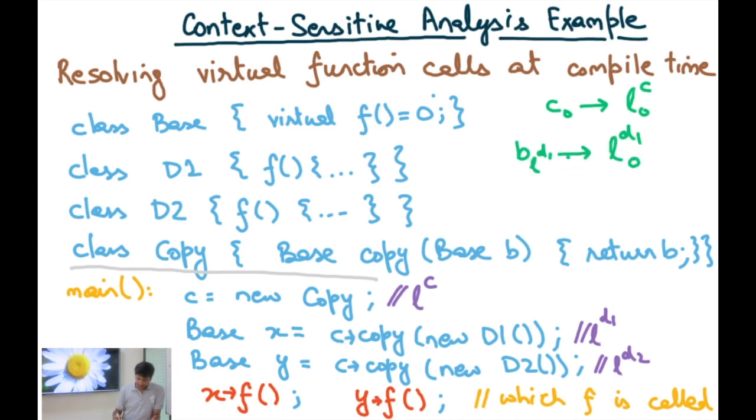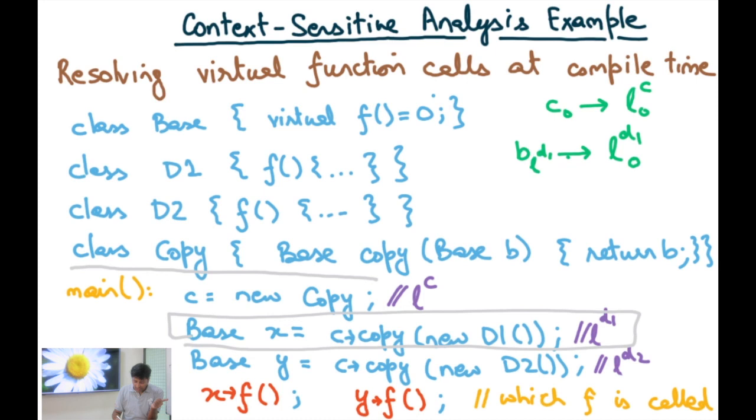Okay, so let's look at this. By virtue of this statement here, the new D1 is represented by the abstract object LD10, because it's a new allocation at allocation site LD1 in context 0. That gets copied to the argument B, and the argument B is being analyzed in call context LD1 because of this dispatch.